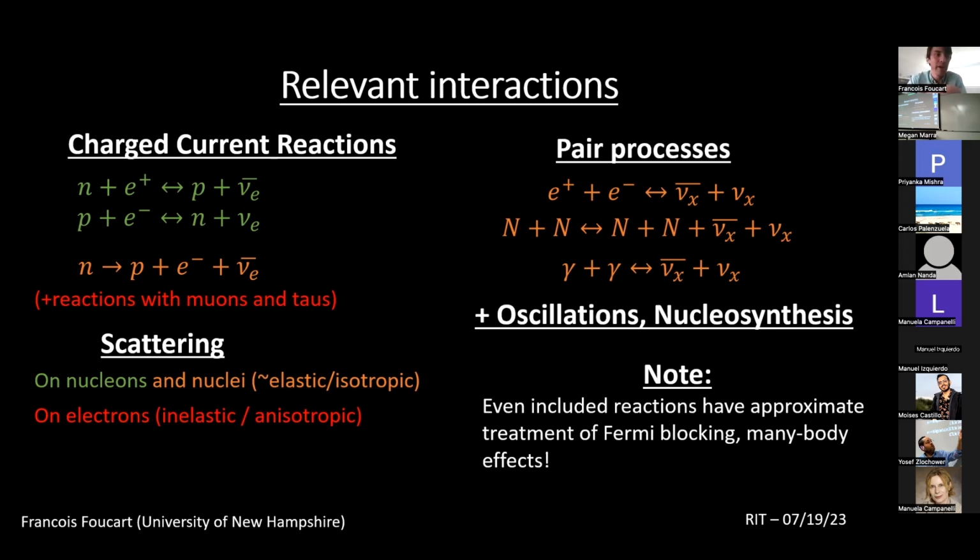But there is some approximation being made in that most simulations so far assume that these scattering events are elastic and that the outgoing neutrino is emitted isotropically in the fluid frame, which is not necessarily the case for these reactions.